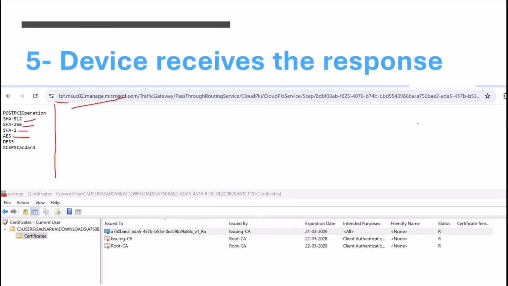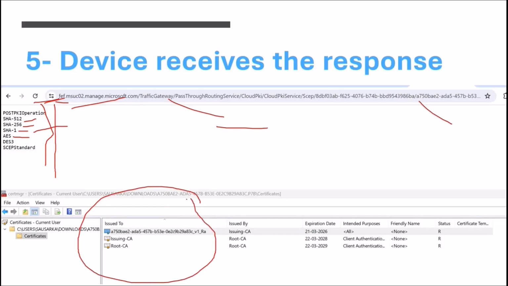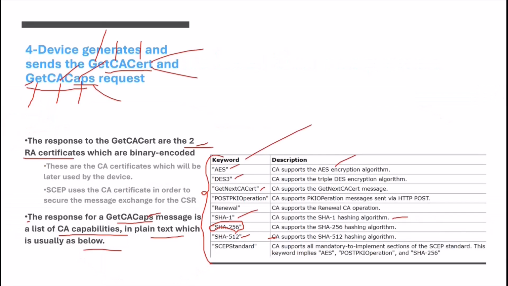Just like I did a get CA caps request from the browser at that same URL, and got the response which is the capabilities of the CA, similarly, if I go to the same browser and do a get CA cert request, it will automatically download certificates. Which certificate is it going to download? The RA certificate. This is the certificate that the device is going to download.